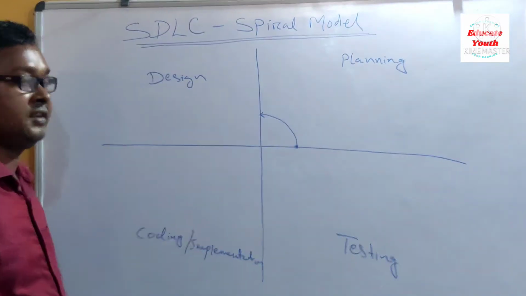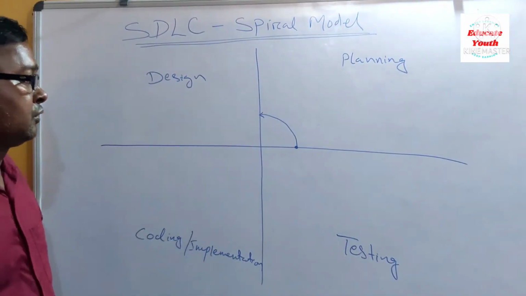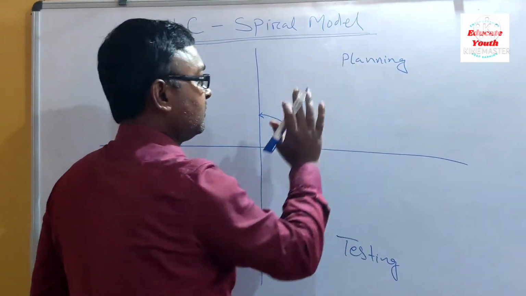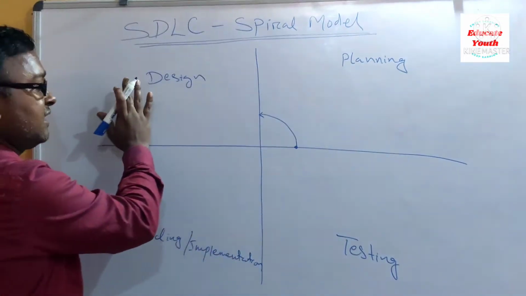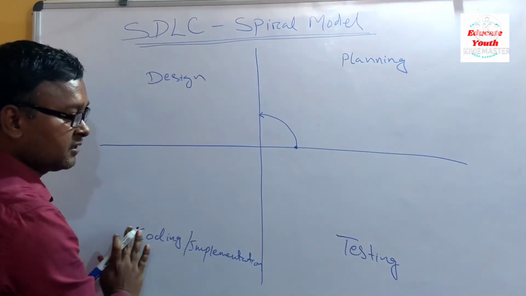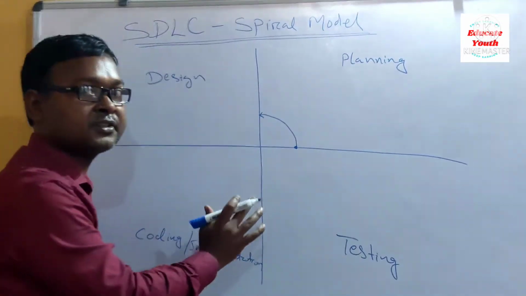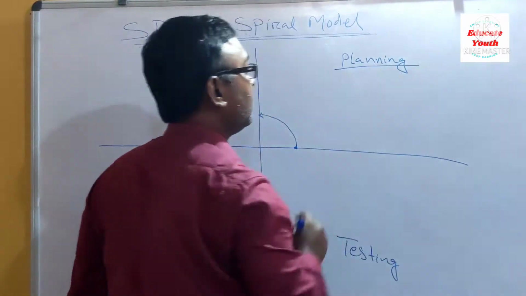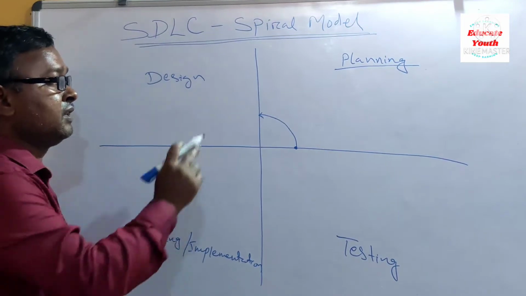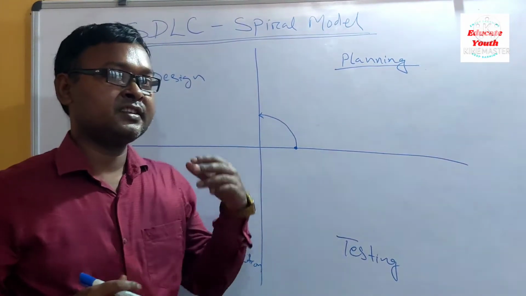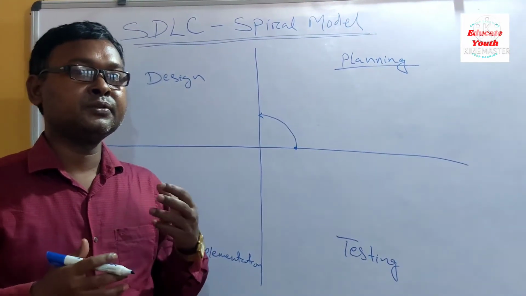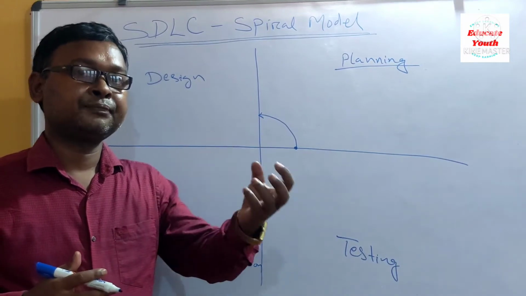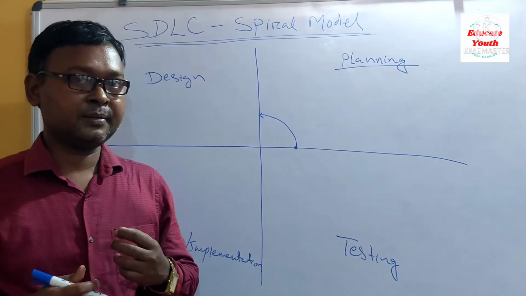So I am drawing here in this manner. This is the planning phase, this is the design phase, this is the coding or implementation phase, this is the testing phase of your spiral model. Right now you are in the planning phase. In the planning phase, as your SDLC standard says, you need to collect the client requirements.